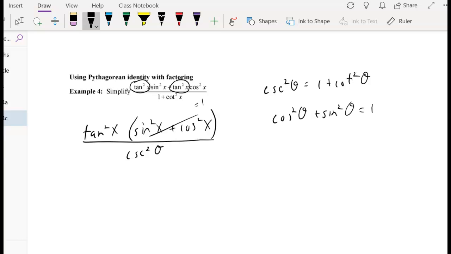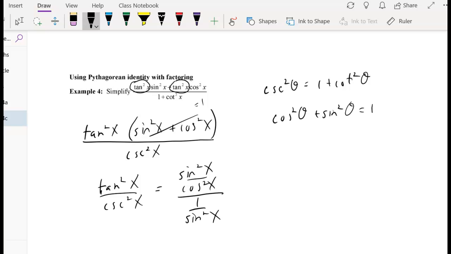So all we really have here is the tangent squared, again, I did it again right here, that's an x, tangent squared of x over the cosecant squared of x, and we can now just use that original strategy of changing it to sines and cosines. So we have the sine squared x over the cosine squared x. There's our tangent squared. And our cosecant squared is 1 over the sine squared of x.